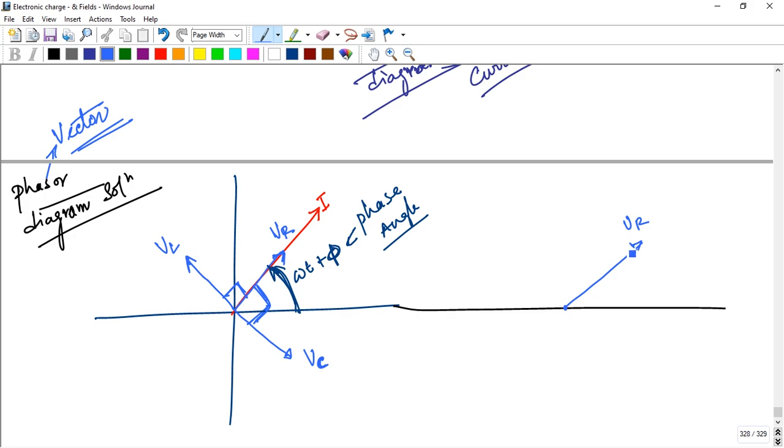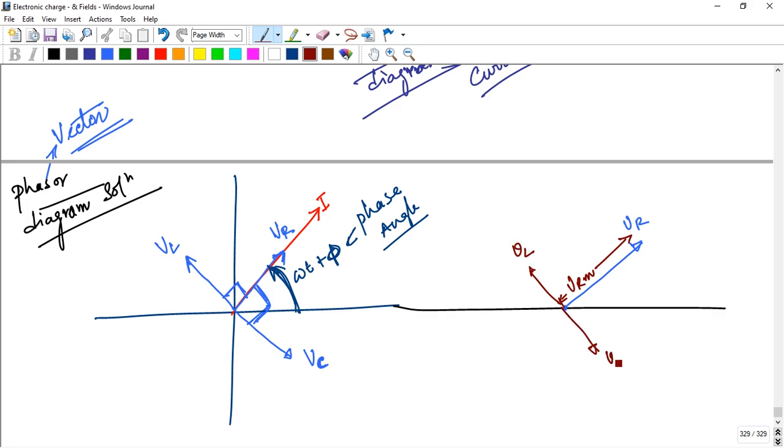There's VR, and this length is VRM, the maximum. Now there's VL in that direction, and opposite to VL is VC.